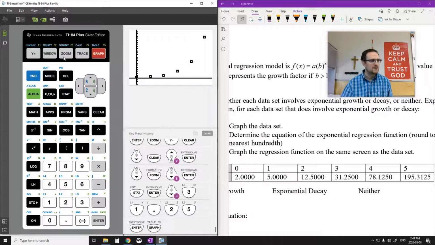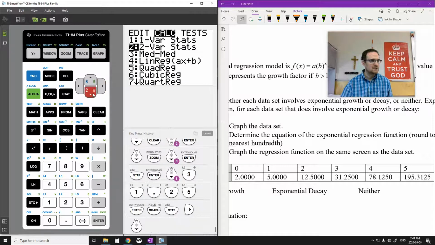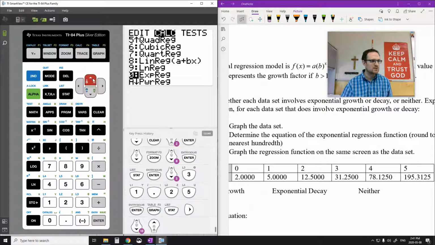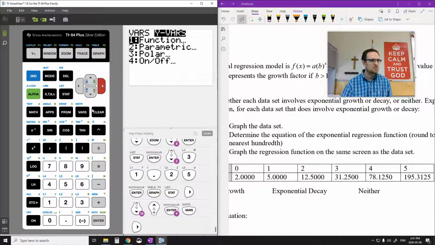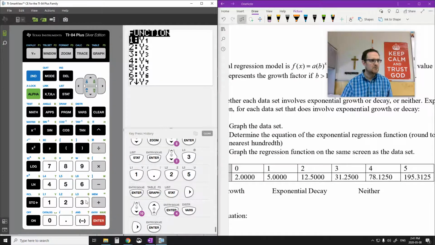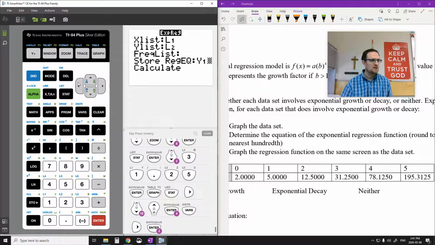All right. So what I'm going to do is I'm going to go stat calc and just double check the R square value and see what it's like. So I'm going to go down here to EXP regression. Hit enter on that. I can store this. Remember, you can store this in here. So you can go to vars, yvars, function number 1, and then pick an equation to put it into.